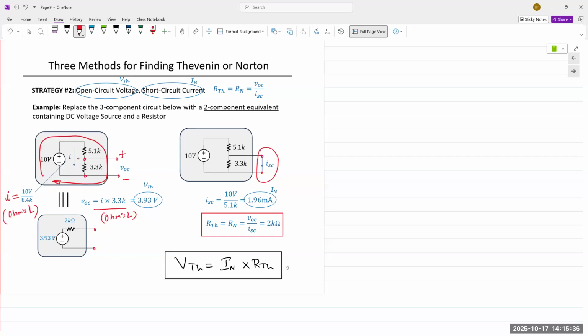That gives us 3.93 volts. And the 3.93 volts is our Thevenin voltage. Okay, that is our Thevenin voltage. That is the voltage we are measuring at the output terminals.